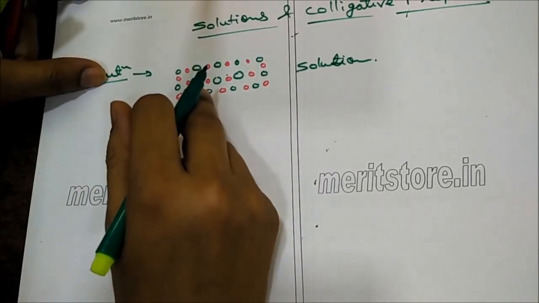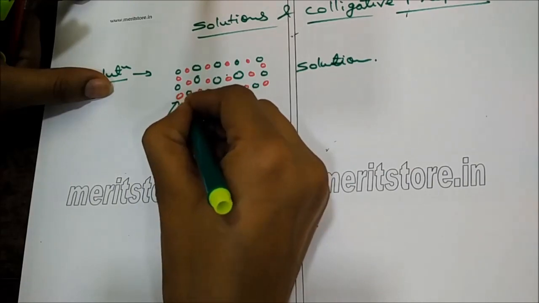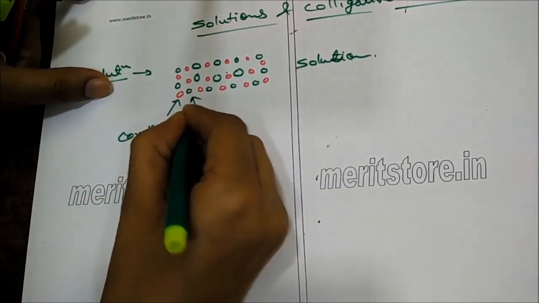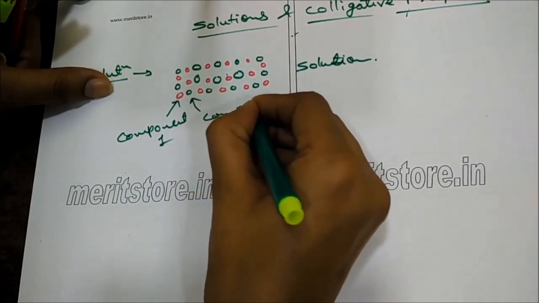The substances which are making this solution are called components. This is component A, or component 1 or component 2.